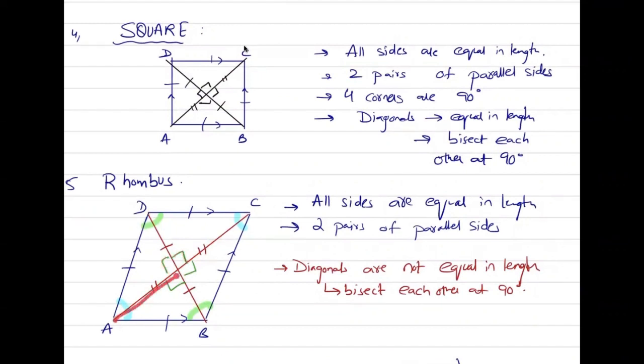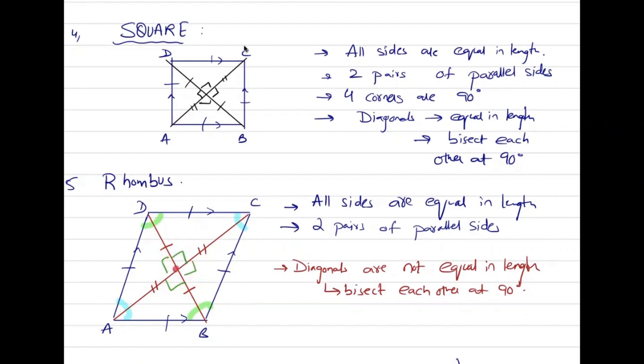So for example, if AC was 50, then this is going to be 25 and this is going to be 25. If BD was 30, then this is going to be 15, this is going to be 15. All right. So the diagonals of a rhombus bisect each other at 90 degrees. So again, you can have 4 right angle triangles at the center.